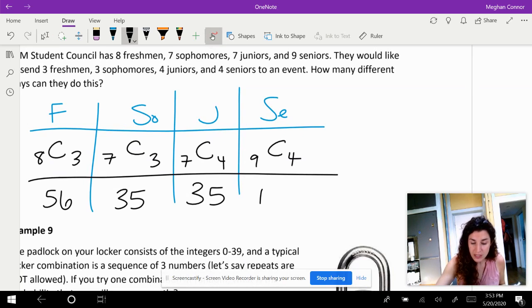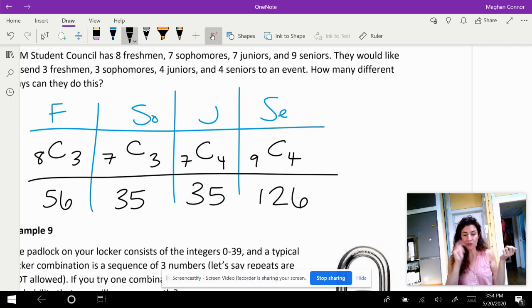So we know what each of these different possibilities are. With the 56 different possibilities for freshmen, compared to the 35 for sophomores, compared to the 35 for juniors, and then 126 for seniors, right? If I chose one way for freshmen, there would still be 35 different ways for sophomores, 35 different ways for juniors, and 126 different ways for seniors, for just one of the choices of freshmen, which means this is where the fundamental counting principle comes in.